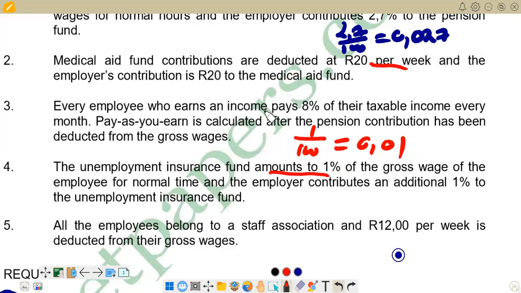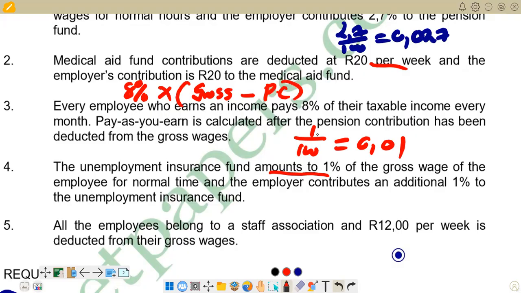So we are saying 8%, and then we multiply by the gross minus pension contribution. Basically, this is the formula that we are going to employ there.